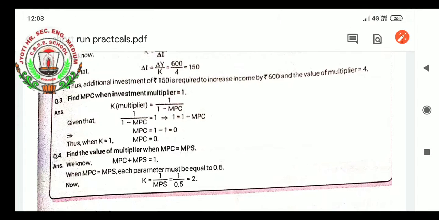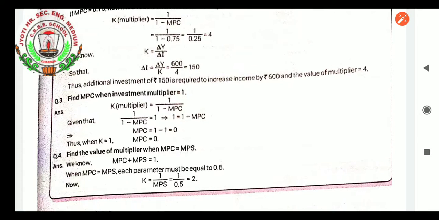Find MPC when the investment multiplier equals 1. K multiplier equals 1 divided by 1 minus MPC. Given that 1 divided by 1 minus MPC equals 1, so 1 equals 1 minus MPC. When we shift, 1 minus 1 is 0, because when 1 is transferred to the other side it becomes minus.